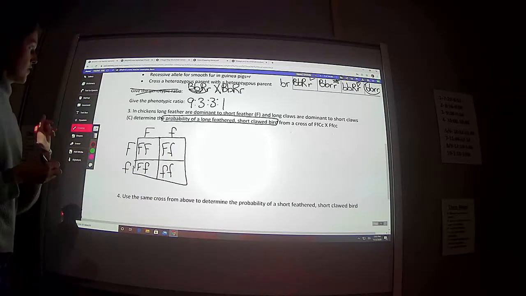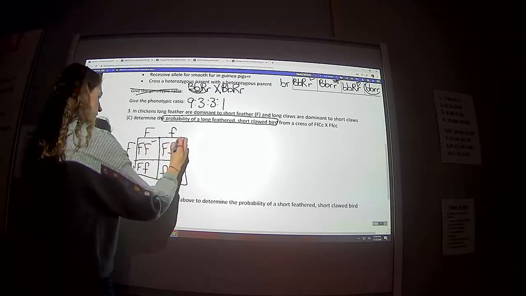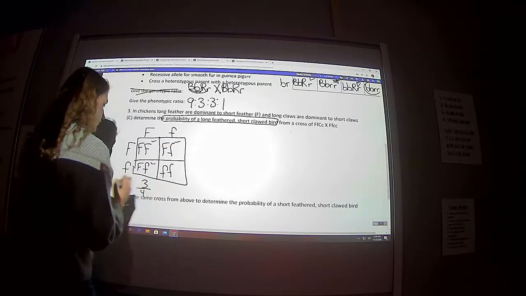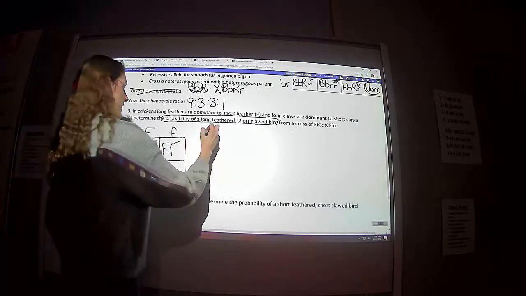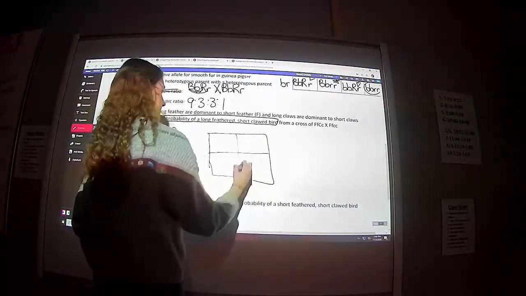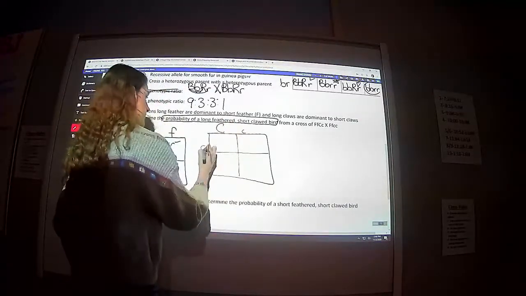So long feathers are dominant. We're looking for long feathers. So out of that cross there, I have 3 that are going to have long feathers. So 3 out of 4 will be long. Then I'm going to do my C's. And I have a capital C, lowercase c, and then I have 2 lowercase c's.